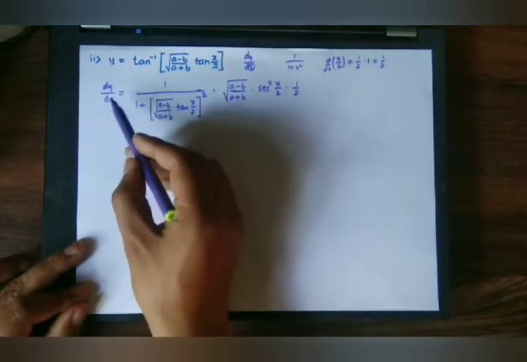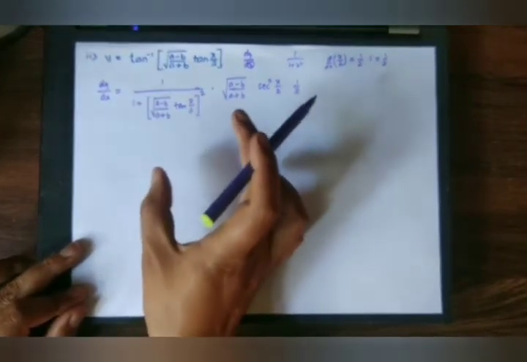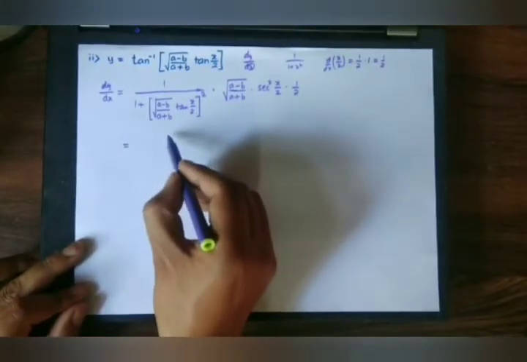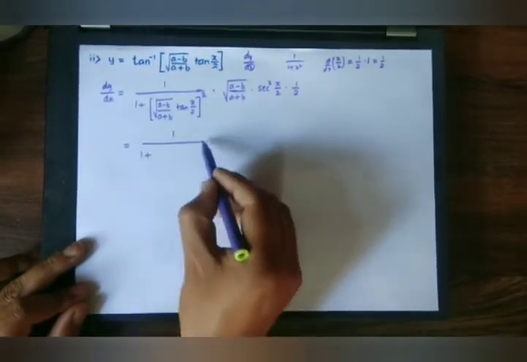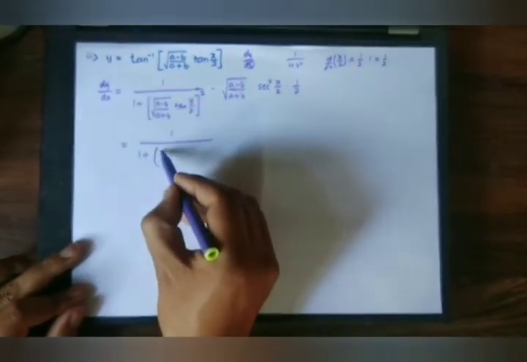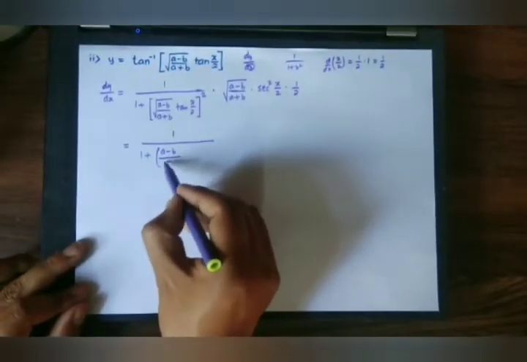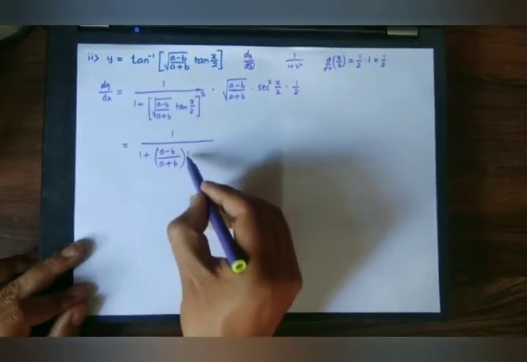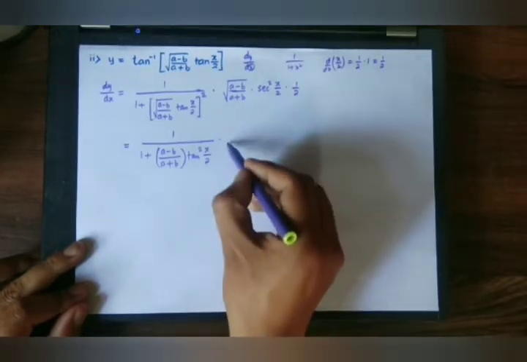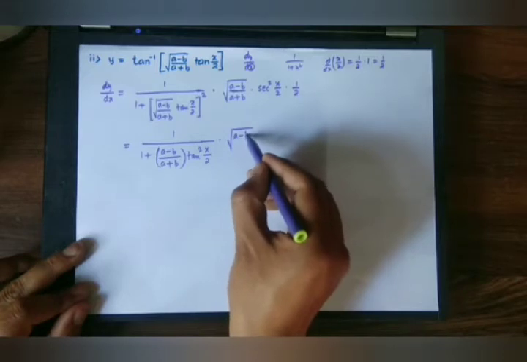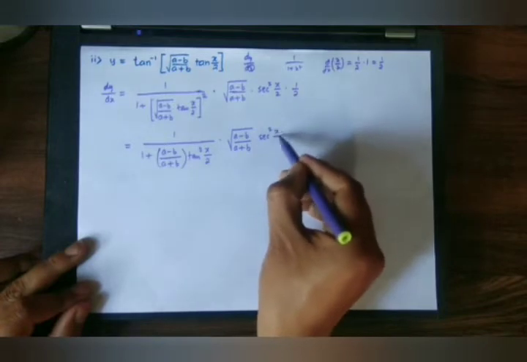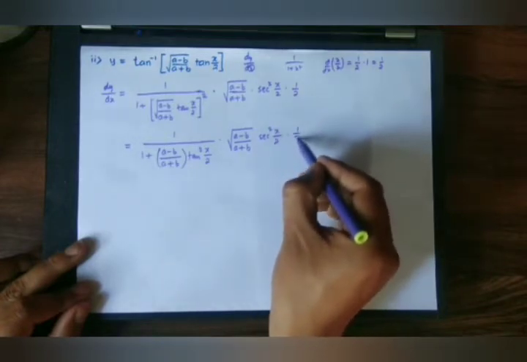Okay, so we have successfully differentiated, but you can simplify this further. So let's see how to simplify this. So we have 1 by 1 plus, okay, so square and square root sign will vanish, so you will have 1 plus a minus b by a plus b tan square x by 2 into a minus b by a plus b sec square x by 2 into half.